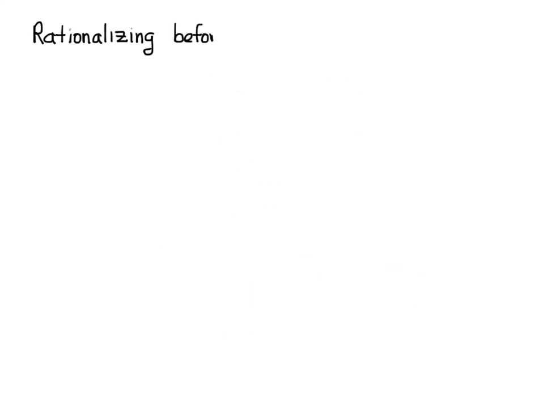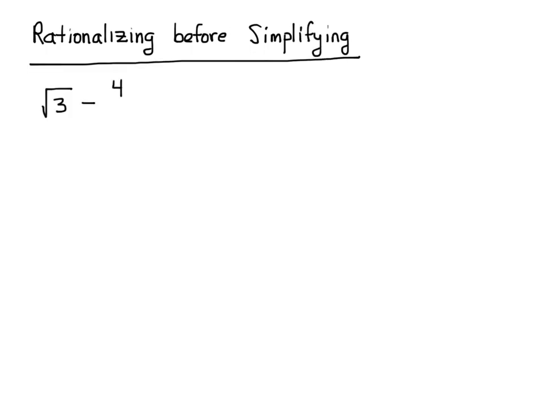Okay, so occasionally what you have to do, like we did with this one, is that we have to rationalize before simplifying. And that particular one didn't really stand out as having to do this. I mean, certainly as you work this, you would recognize that, but occasionally it just looks a whole lot simpler than that.